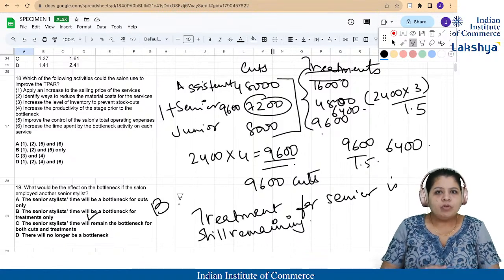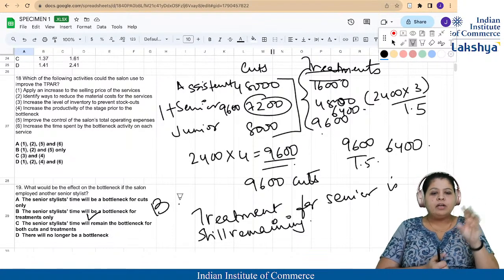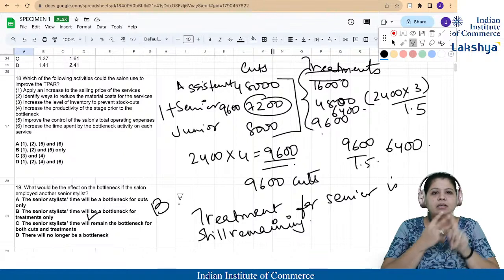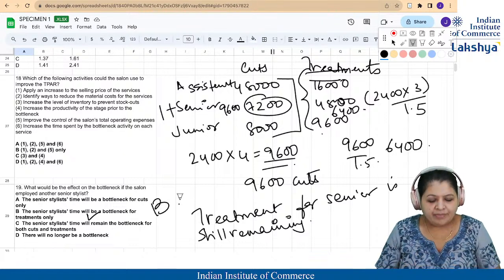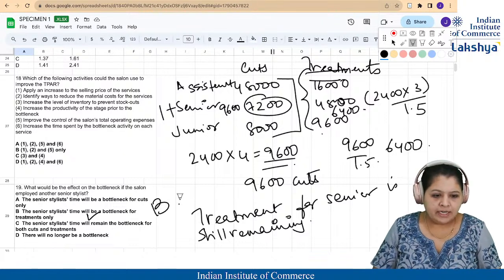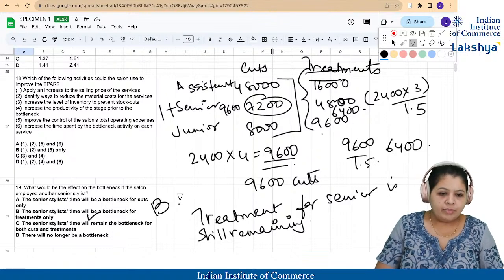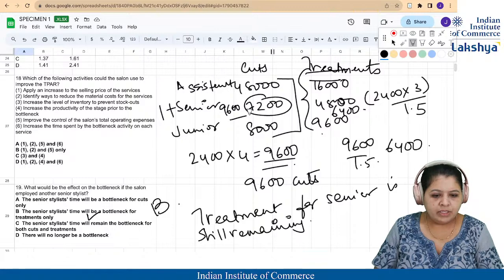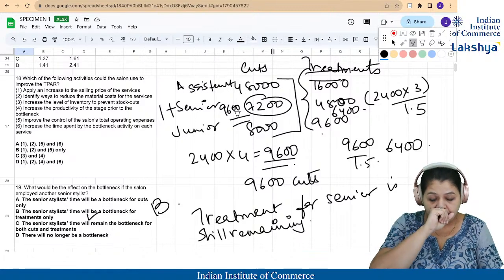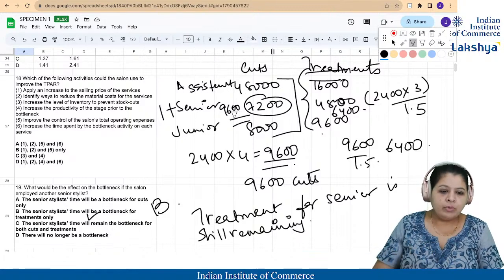In this question, what we did is we first found out the cuts and treatments which the existing assistant, senior, and junior stylists do. After that, we added one more senior stylist and figured out if it's still a bottleneck or not. For cuts, it is not because this will increase to 9,600, which can make it equal.